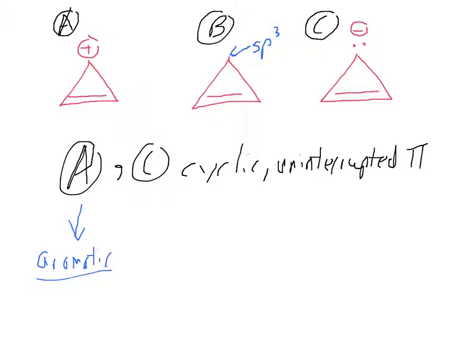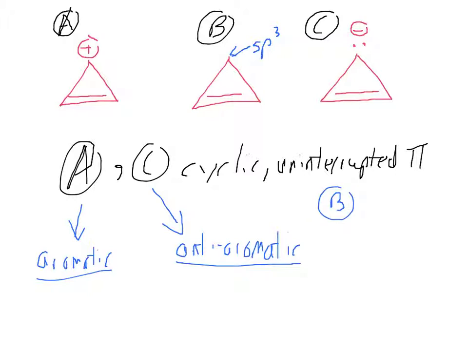Okay, so that's really stable. What about C? How many pairs of pi electrons does it have? 2. So it's going to be anti-aromatic. And what about B? B is just neither, or non-aromatic.